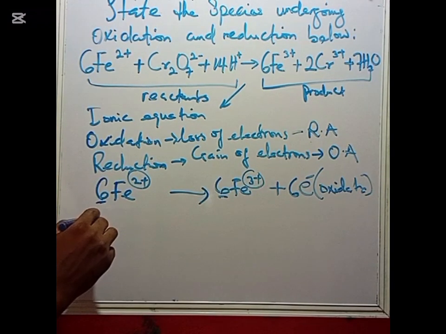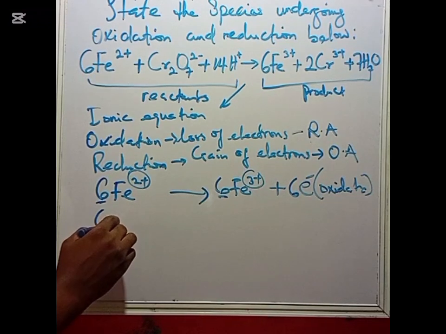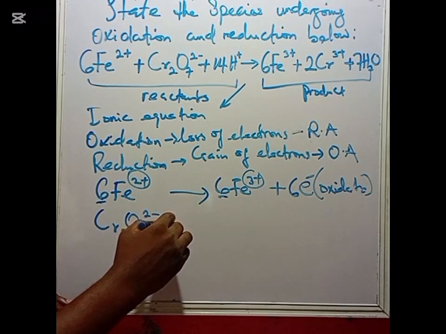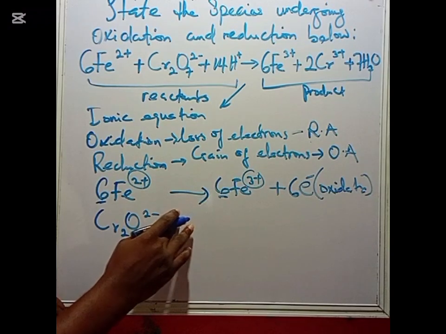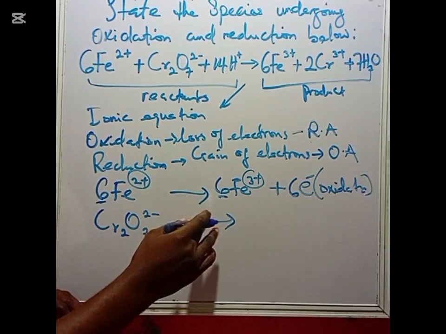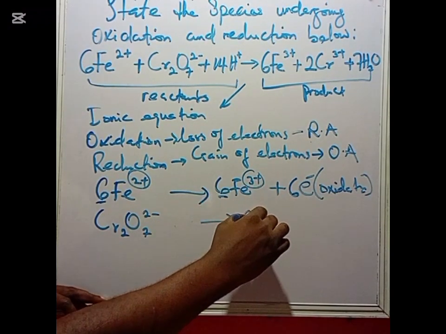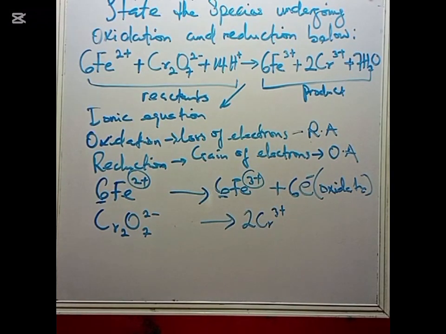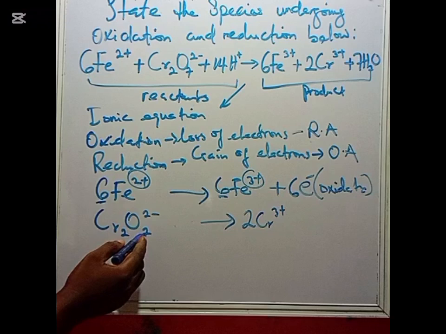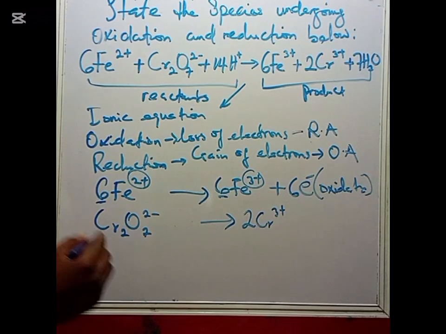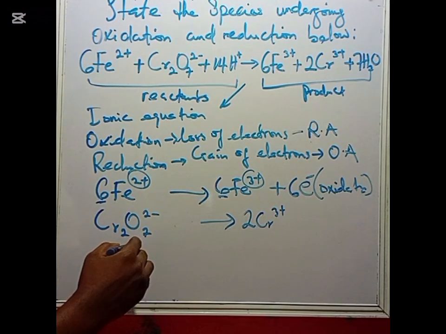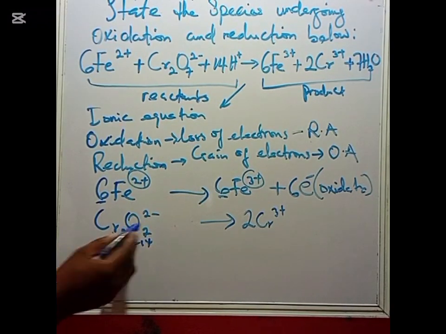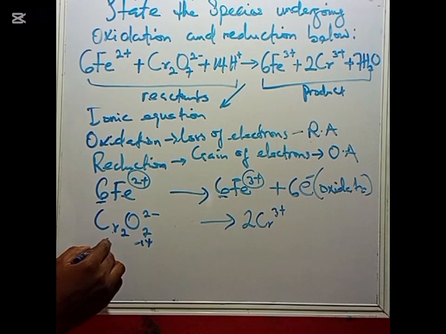Now, if you look at the next radical, Cr2O7 2-, on the other side we have it as 2Cr3+. Now, this has actually moved because, remember, oxygen has an oxidation state of -2. So -2 times 7 gives us -14. Over here, for us to get -2, this would be plus 12.